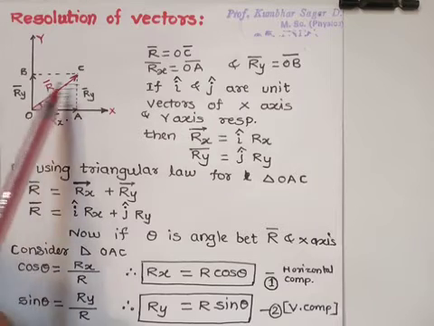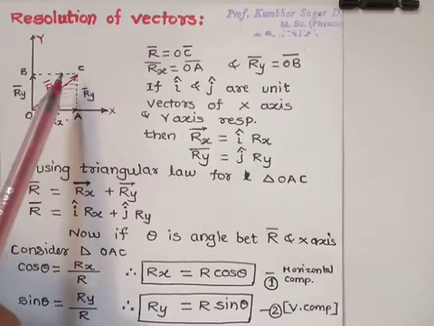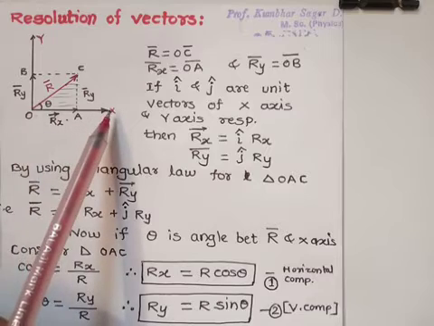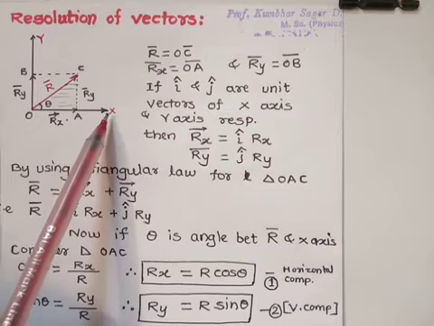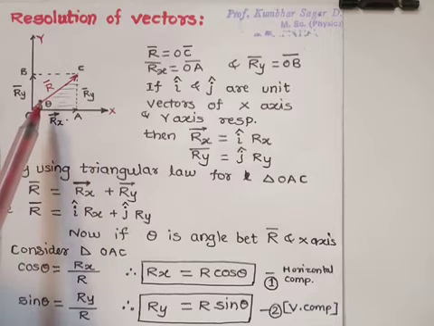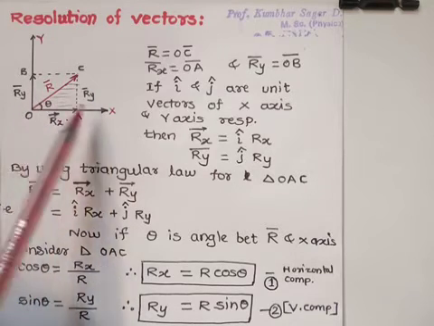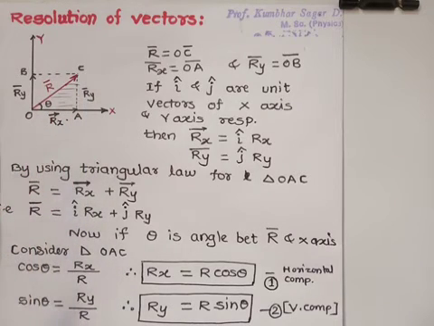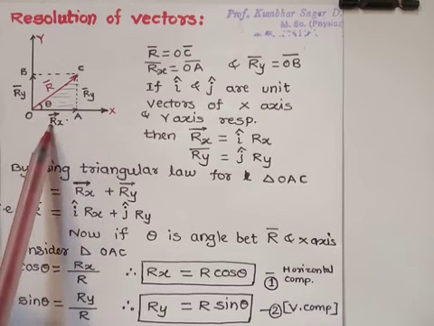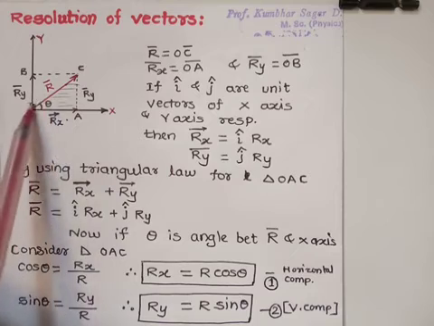Let this vector r bar make some inclination with the x-axis. Means the angle between r bar and the x-axis is theta. Now consider this vector triangle OAC. By using simple trigonometry for this right angle triangle, we find cos theta equals adjacent side upon hypotenuse.